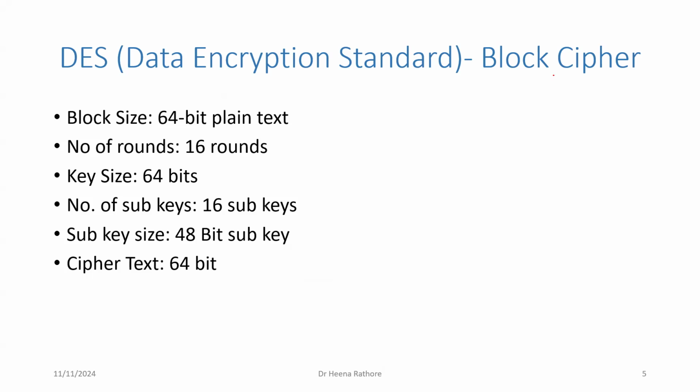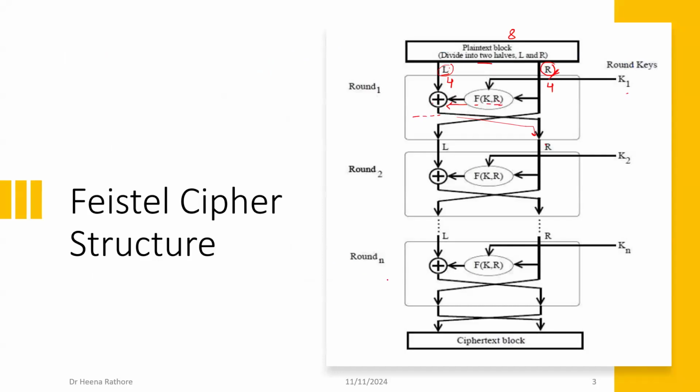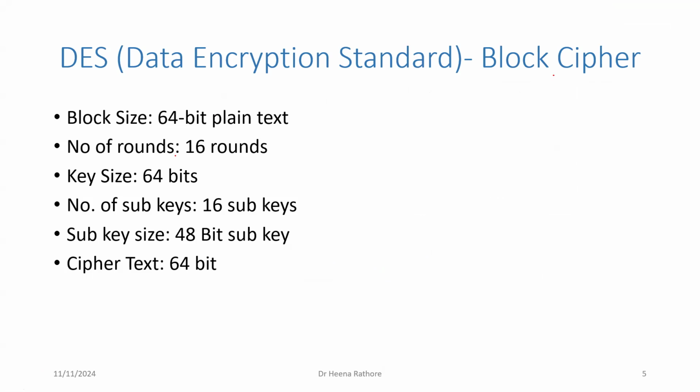Okay, awesome. Sure. So data encryption standard is a block cipher technique, and it can process 64 bits of plain text together. And here 16 rounds are done. In the previous Feistel cipher structure that I was explaining to you, they were just some kind of rounds. But here in the data encryption standard, we take 16 rounds and we have 64 bits.